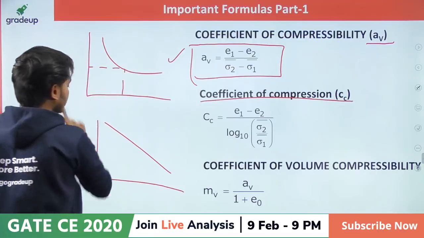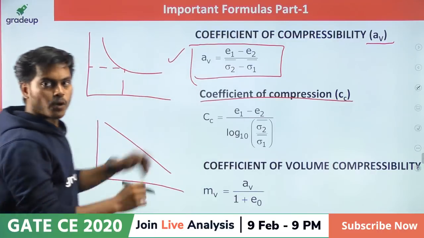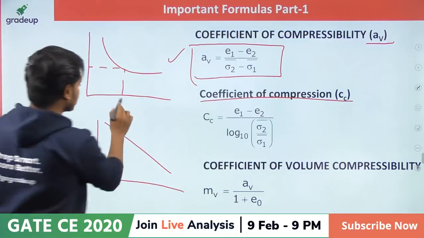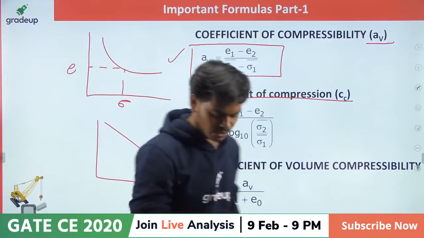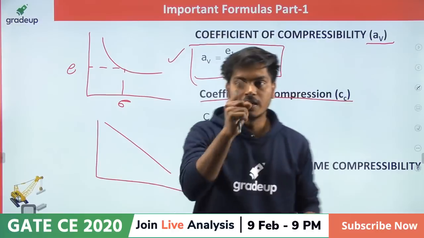So corresponding values you will get. Corresponding में इधर e रहेगा आपका और इधर आपका स्ट्रेस रहेगा, इफेक्टिव स्ट्रेस जो भी ये दिया हुआ है यहाँ पर. ठीक है. नेक्स्ट लेट्स मूव.